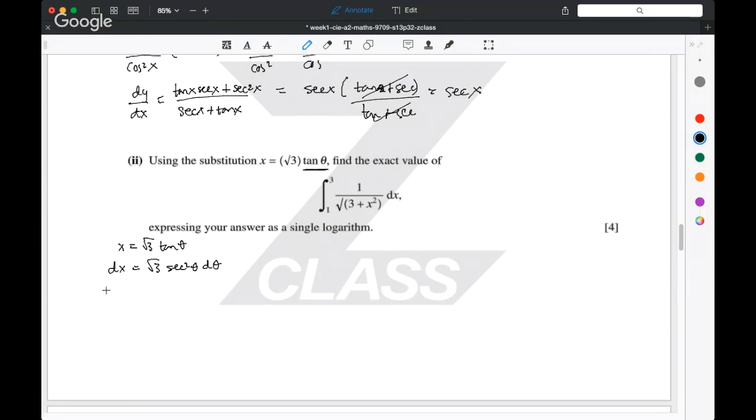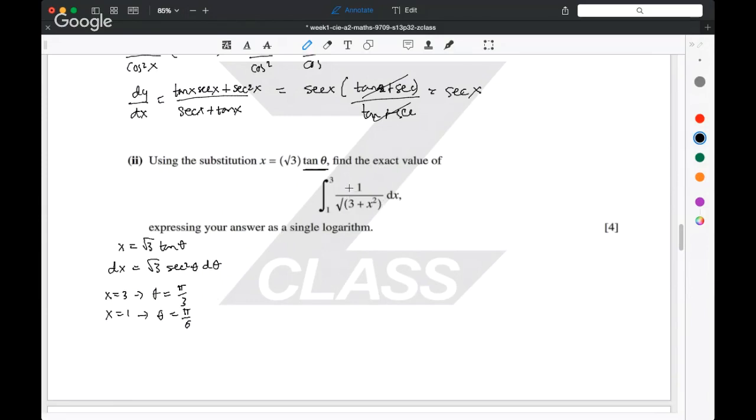And I also know that when x is equal to 3, theta is equal to, and then you can use your calculator to solve this, it's going to be like the inverse tan of square root of 3 or something, and theta is equal to pi on 3. And when x is equal to 1, theta is equal to pi on 6. So these are the limits.